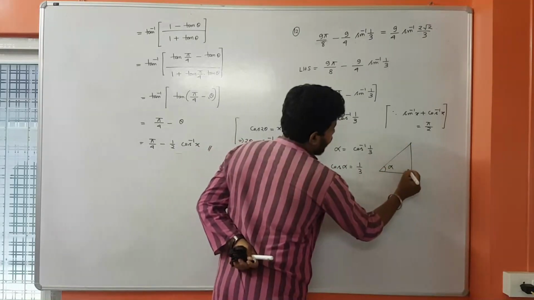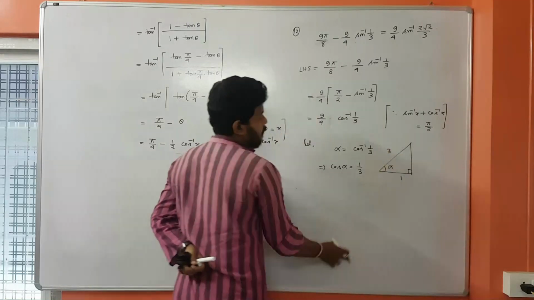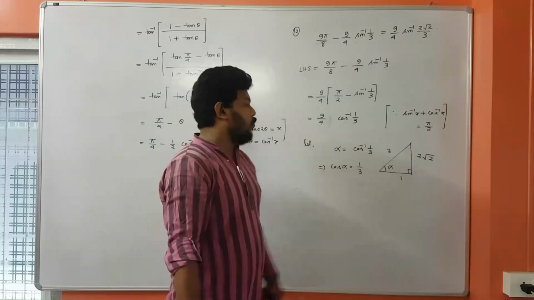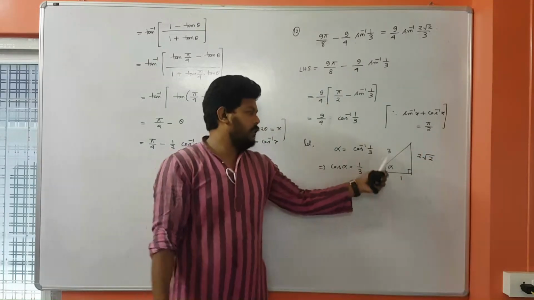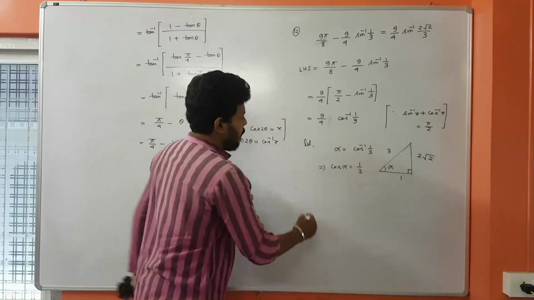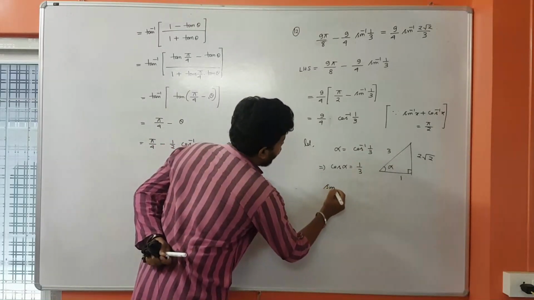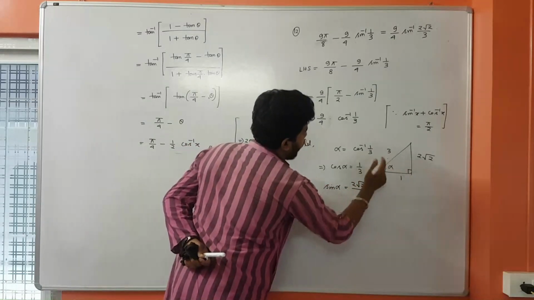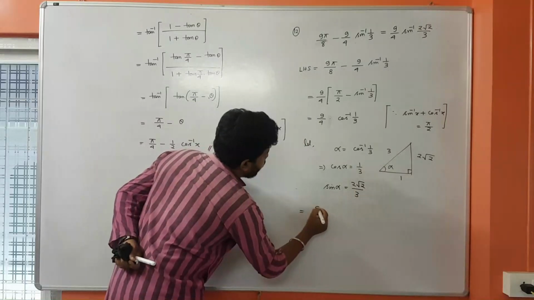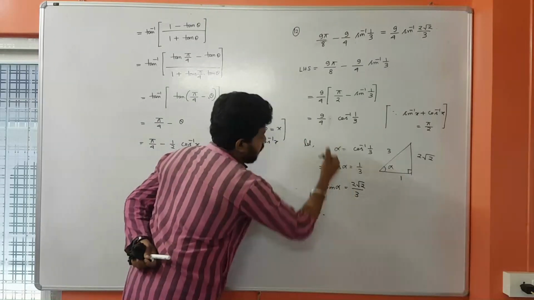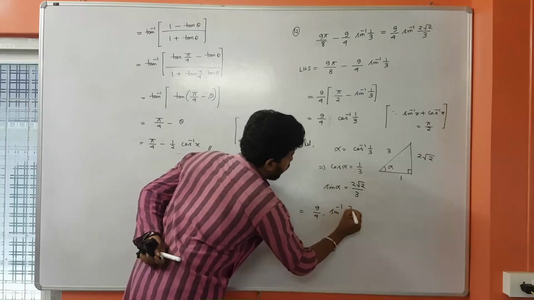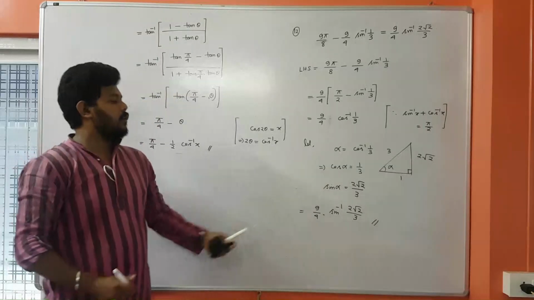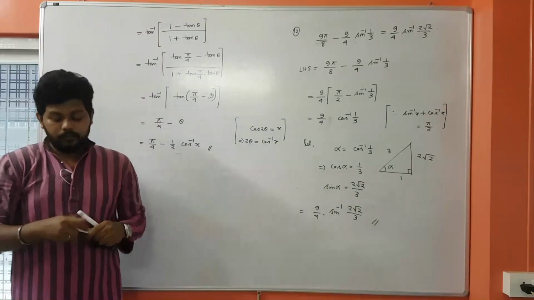What is cos alpha? Base by hypotenuse. If it is 1 and 3, the perpendicular is clearly 2 root 2, since 2 root 2 squared is 8, plus 1 is 9, which is 3 square. Now, if I express sin alpha, it will be 2 root 2, perpendicular by hypotenuse 3. Therefore, this is 9 by 4 sin inverse of 2 root 2 by 3. This is your required proof.